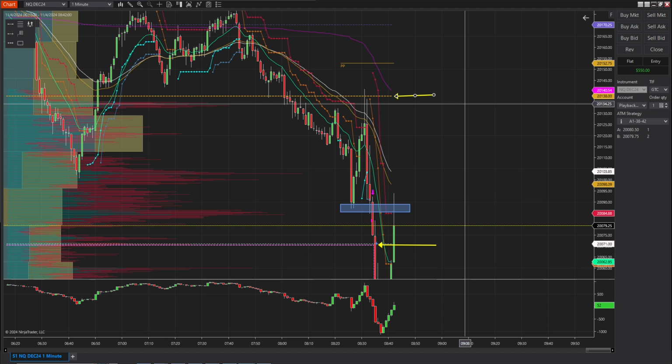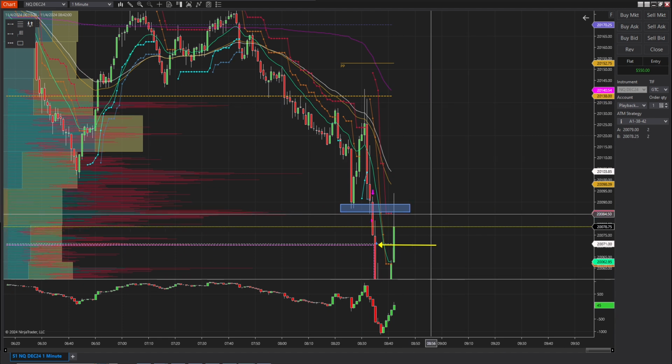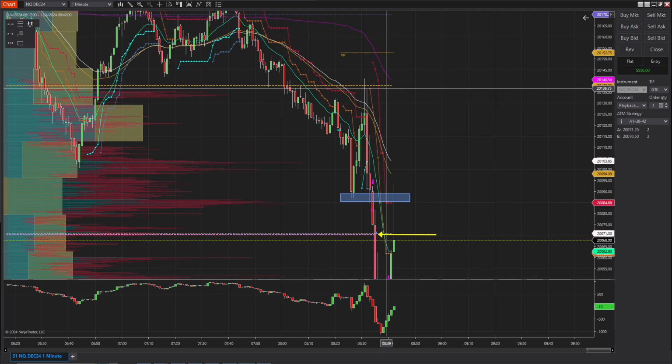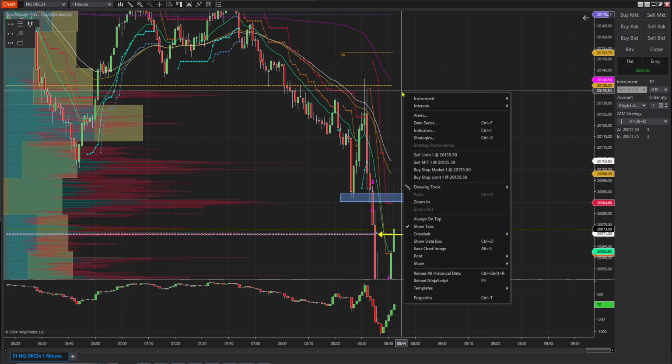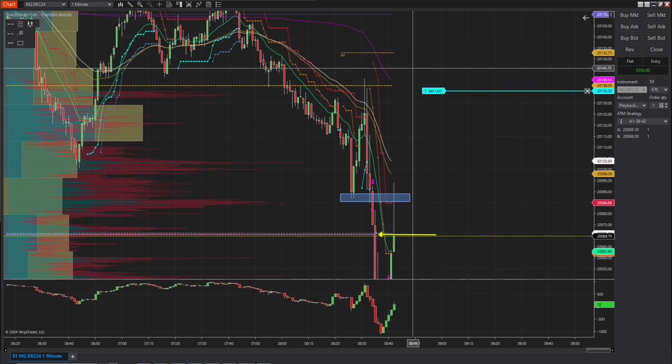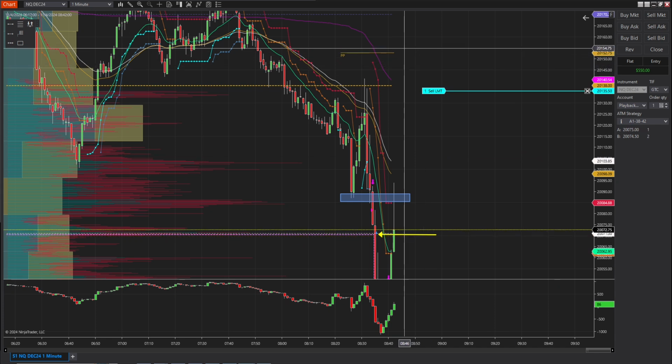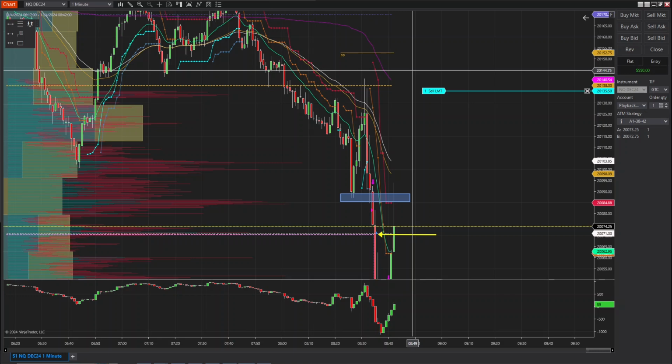So if it comes back here, you can take one short. Order submitted. And use this as the stop, which is maybe a 10-point stop will be somewhere here.